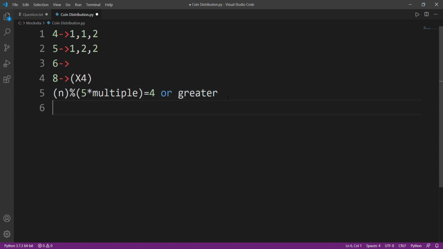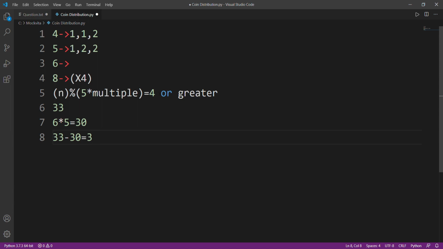Suppose I have a number like 33. Can I use 6 coins of 5 value? I can't, because if I use that, my value will be 30, and if I subtract 33 minus 30, what I get is 3.